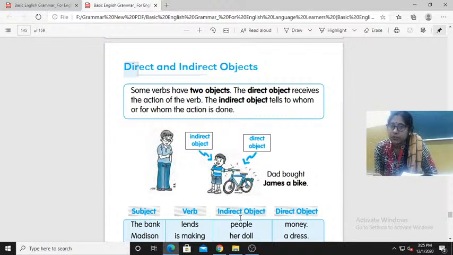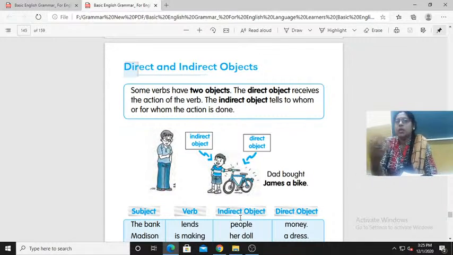Me is also an object and a pen is also an object. So in this sentence we have found two objects. One is me, another is a pen. Now you have to know which one is the direct object and which one is the indirect object.